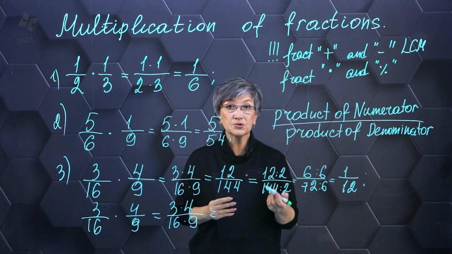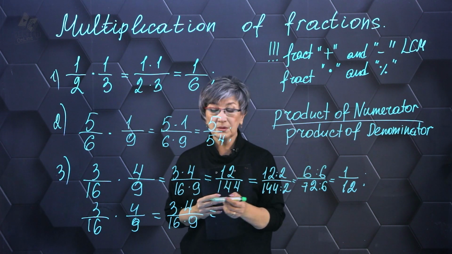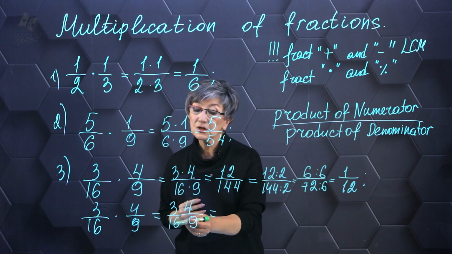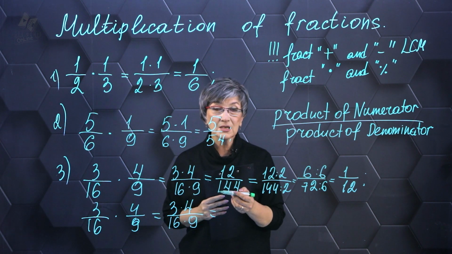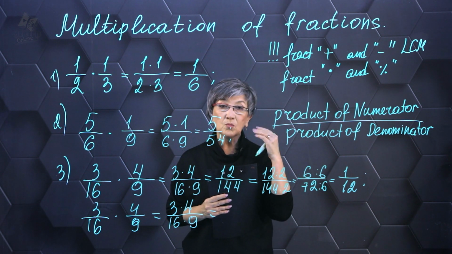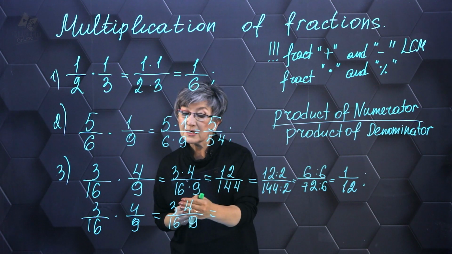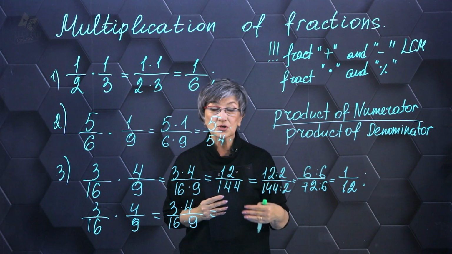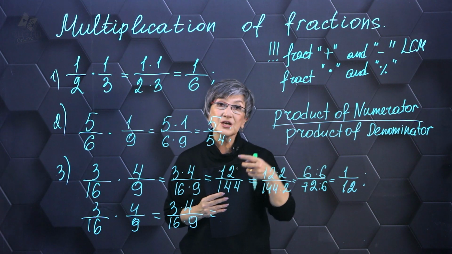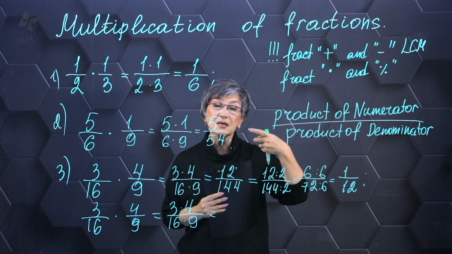3 I multiply by 4 and 16 I multiply by 9. But what's unusual about this case? I'm not going to multiply 3 by 4 and 16 by 9 right away. What am I going to do? I'm going to see if I can reduce the numerators and denominators right away. We'll reduce them in pairs.